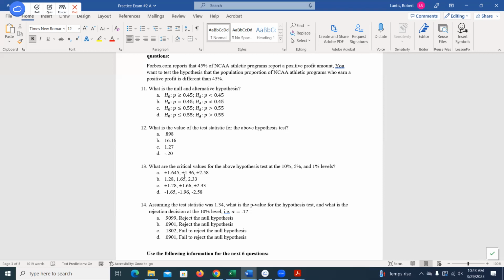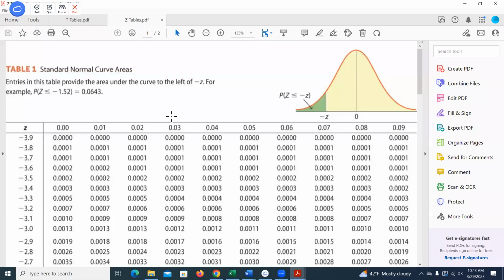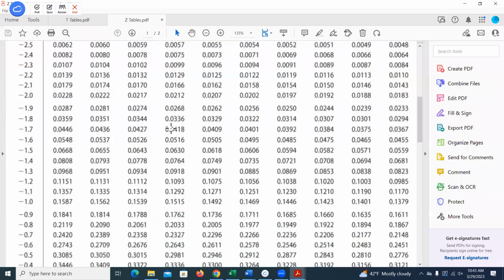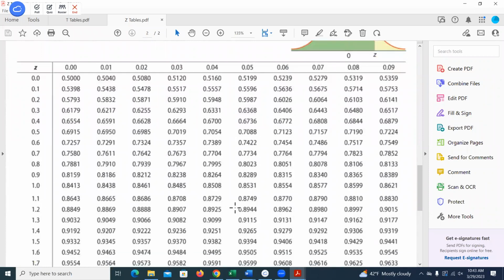So how do I find that area? Well, I've got my z value, so I go to the z table and look up 1.27. So 1.2, 7, gives 0.8980.